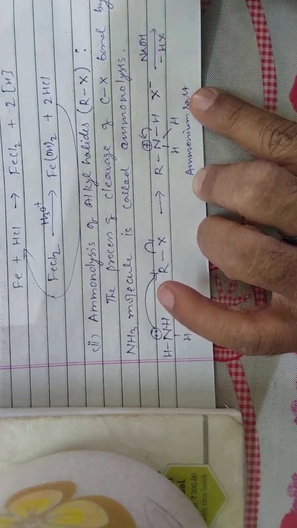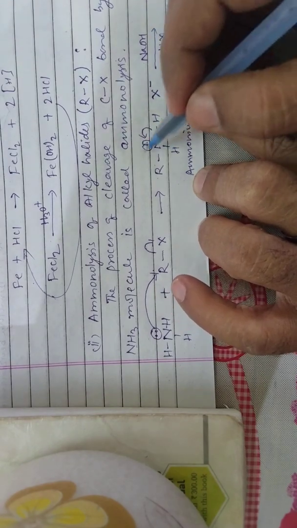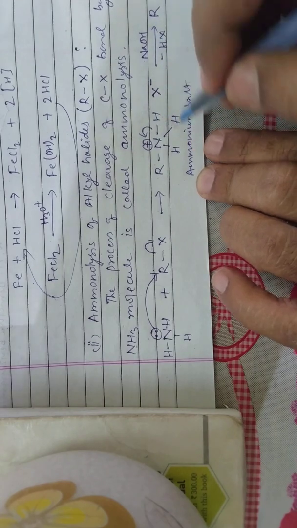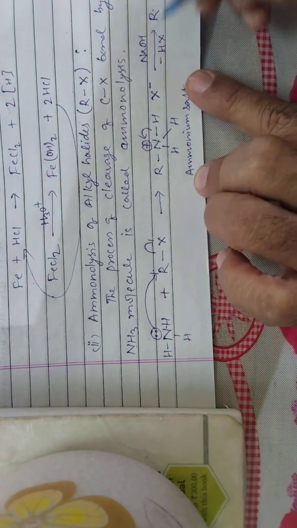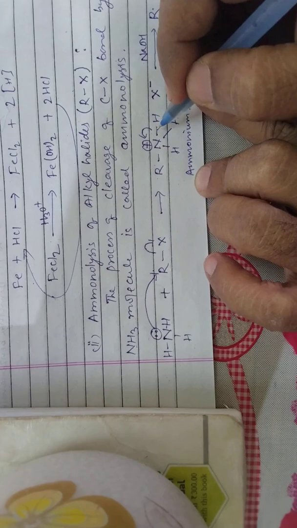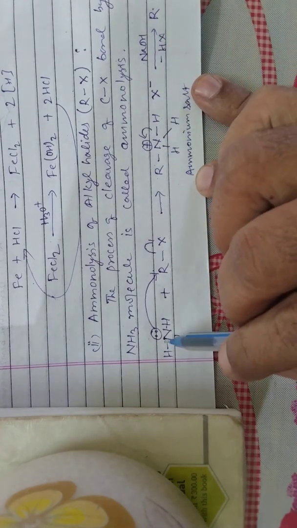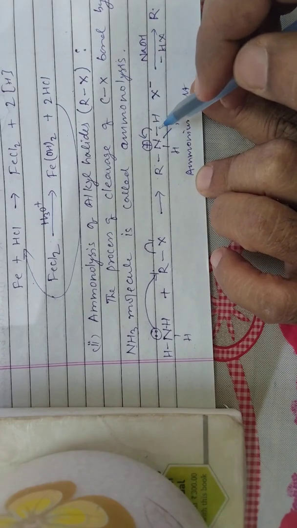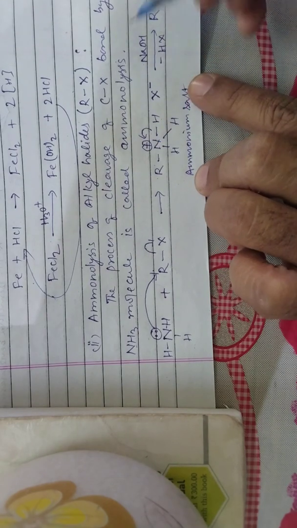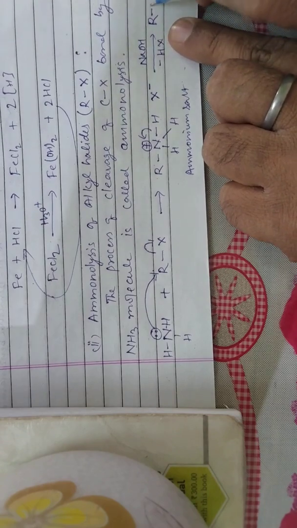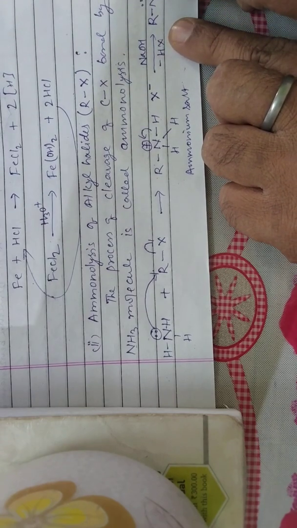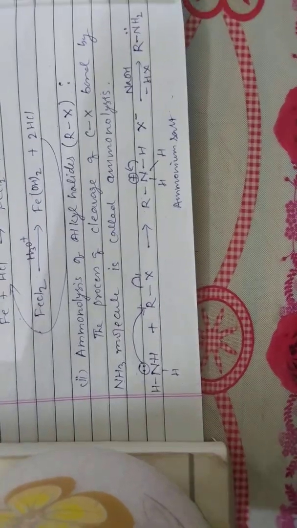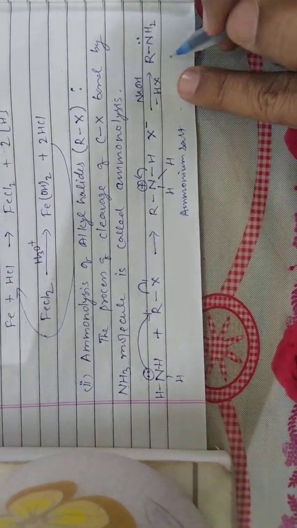This HX will react with NaOH, and what we get is R, with one hydrogen removed and two hydrogens left, and the lone pair of electrons of nitrogen is restored, because initially it had a lone pair of electrons. After the breaking of this sigma bond, nitrogen again gains its lone pair, and this is NH2. So this is a 1 degree amine.